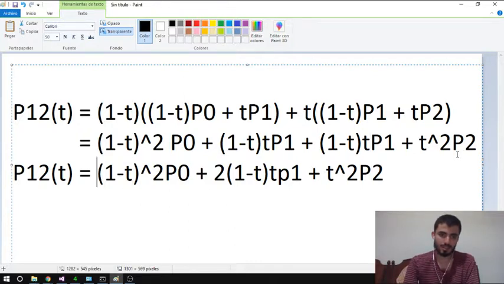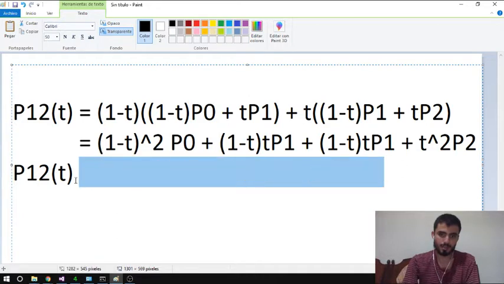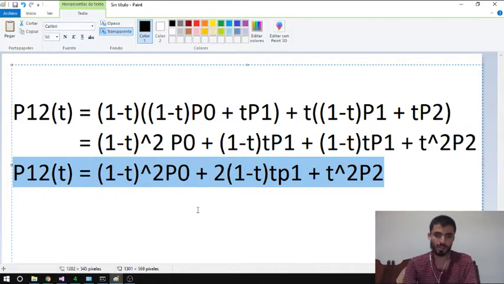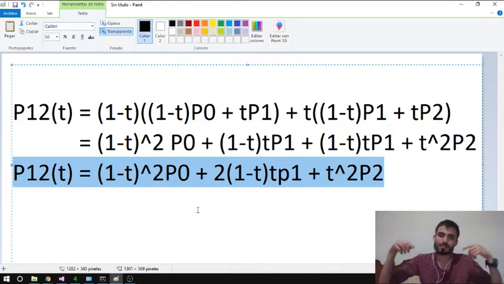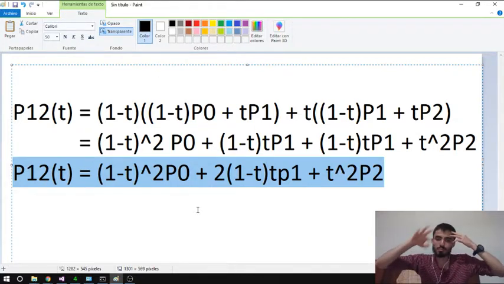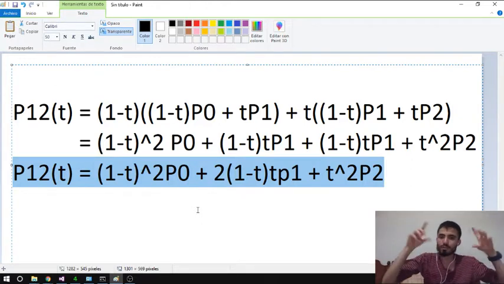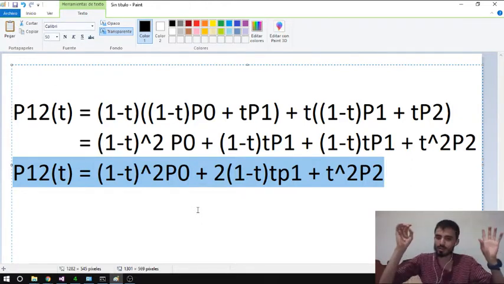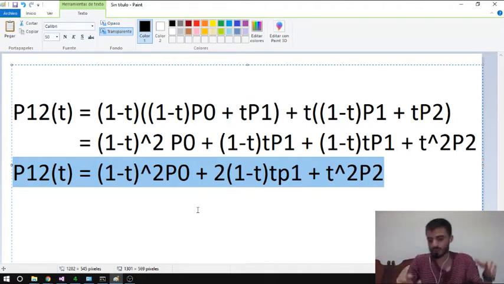This is the Bezier curve for a quadratic, and you can expand this equation, it just goes and goes. Whenever you want a more complex Bezier curve, just add to the polynomial, add to the combinatorial term. This is for a 3-point step, a quadratic. For a 4-point step, it's a cubic, and so on.